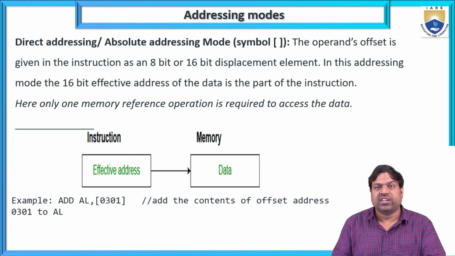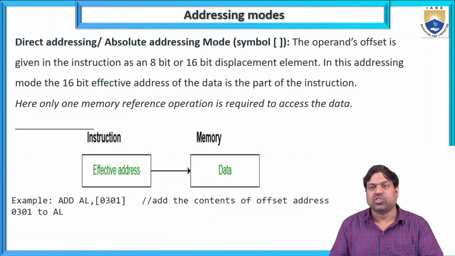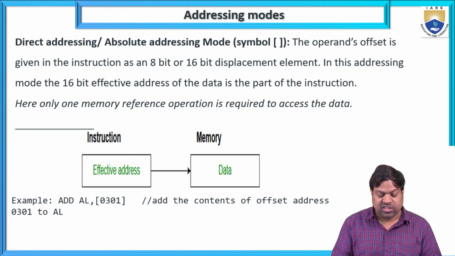Here, direct addressing or absolute addressing mode. The operand's offset is given in the instruction as an 8-bit or 16-bit displacement element. In this addressing mode, the 16-bit effective address of the data is part of the instruction. Here, only one memory reference operation is required to access the data.